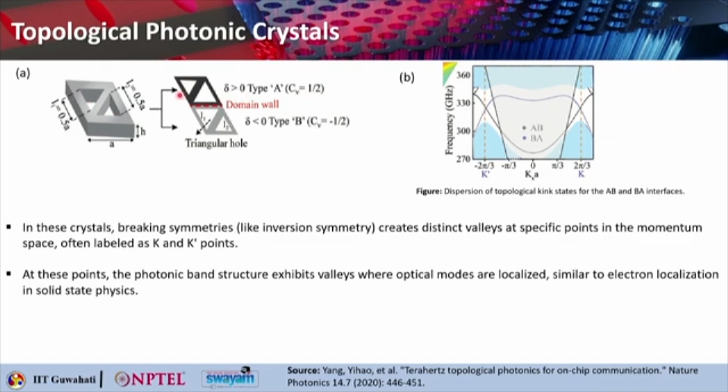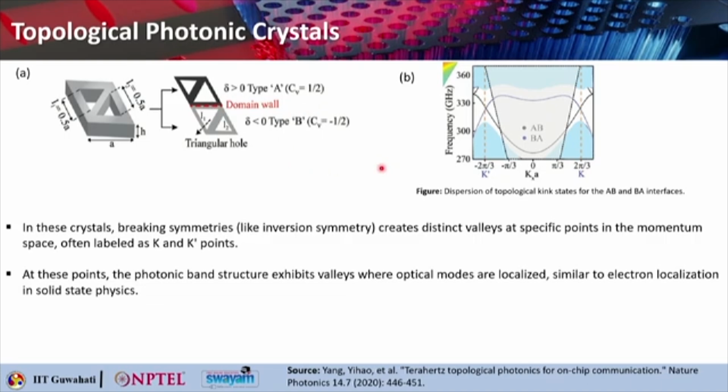This is a type A where the bottom triangle is larger than the top one, or you can make the other one, and when these two different unit cells are placed side by side, it creates this domain wall. You will see that with the line defect, you can make any kind of domain wall forming any shape, and that will be the waveguide that you are creating.